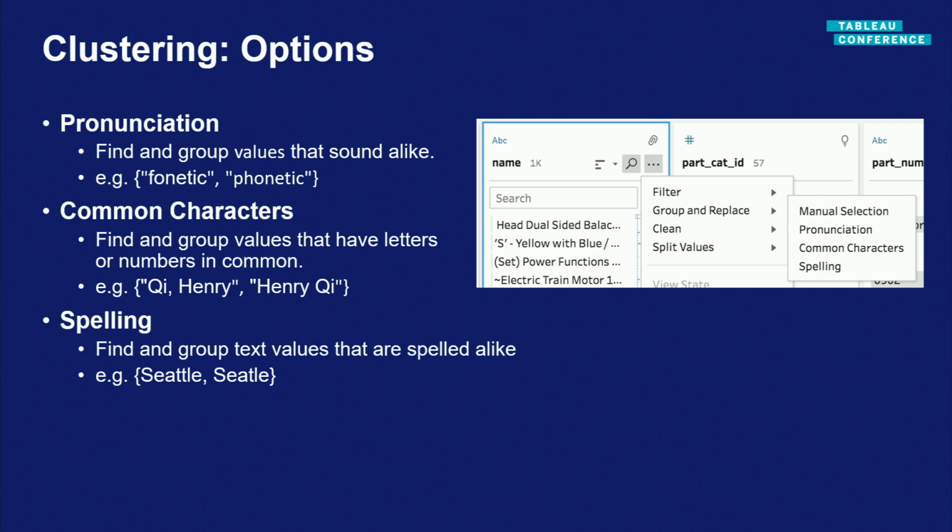For example, when you type in Seattle, you might miss one of the T's. We all make this kind of mistake, but you don't necessarily want to fix them by yourself. But luckily, here in Prep, grouping by spelling could help you solve this. Now let's take a look at how they work in the app.